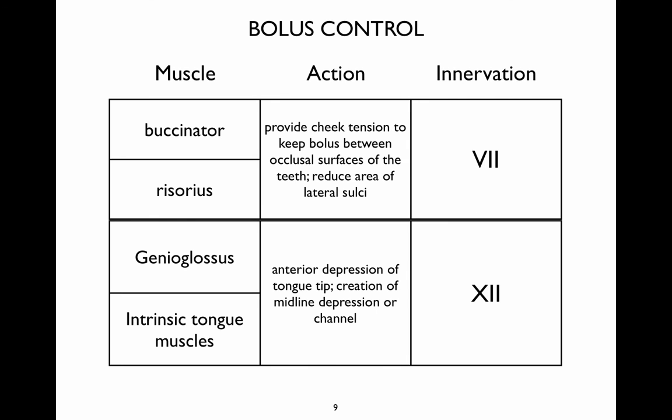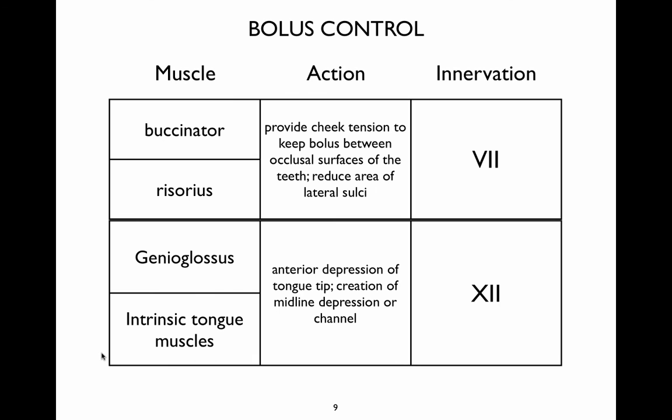Another action that might be important is bolus control, not just in terms of anterior containment. These muscles that we're going to be talking about are innervated by cranial nerves 7 and 12, and this list over here on the left should look familiar to you.